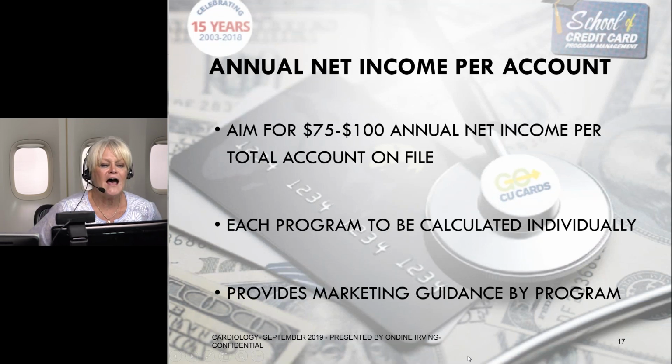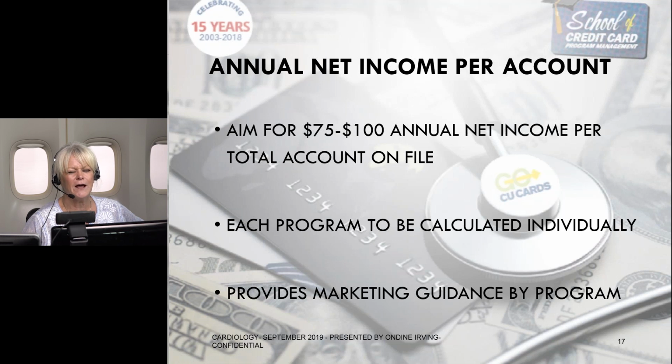This is another high level number. We'll be going into more detail in the next webinar. But you want to make sure that your card program is making an annual net income per account of at least $75.